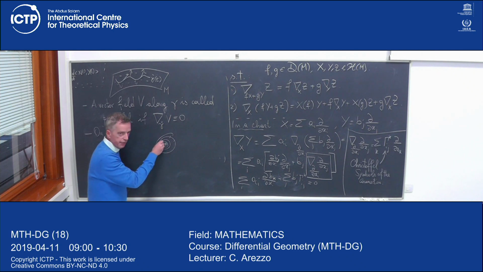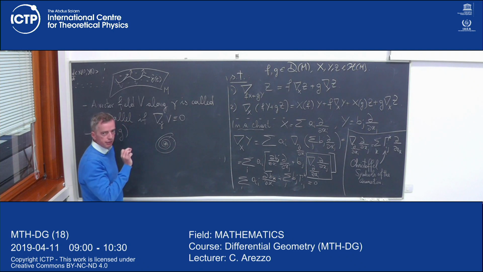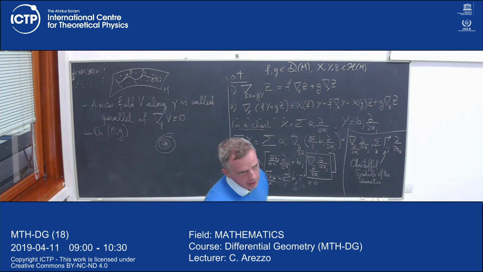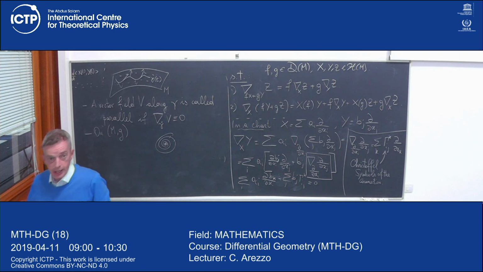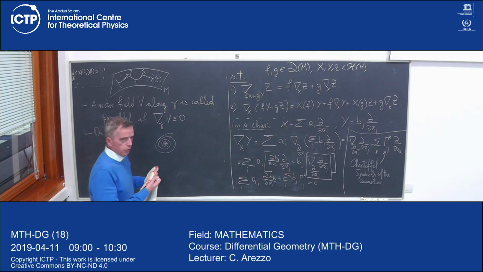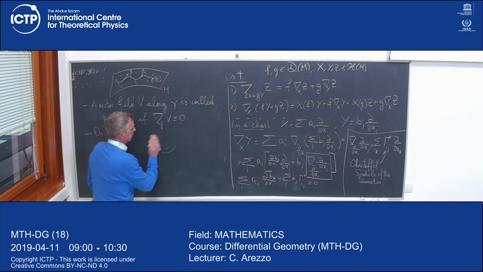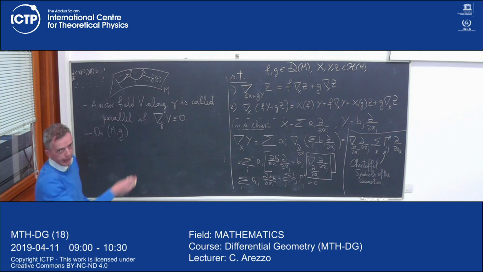It doesn't matter if I'm very close to the origin. If I take a little piece of this curve, there will be an extension. So on a very small open set, but that's okay. Then I can use the theory. So it's really one of the situations where you cannot say what you think because it's wrong, but it's essentially true. And that's where I don't want to enter. Okay?